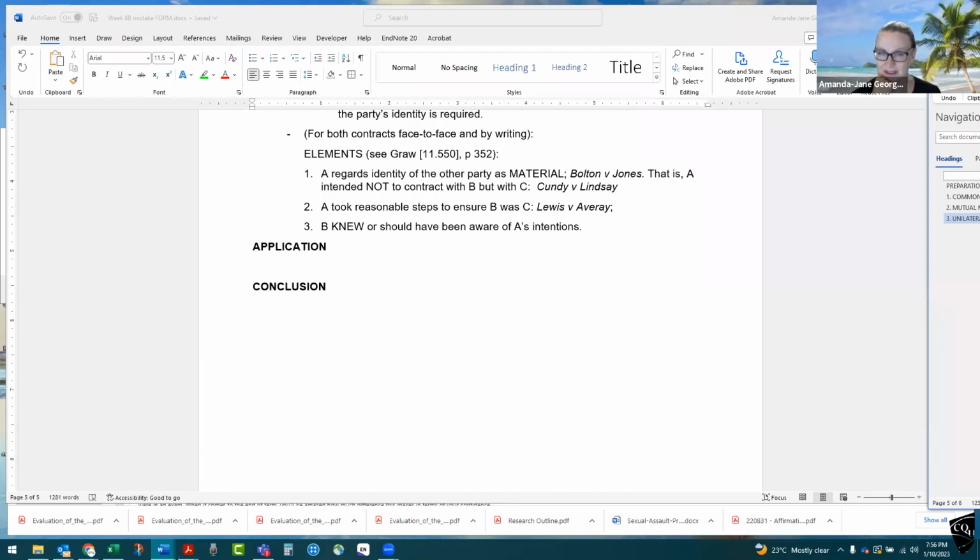particularly the formula for the application section, because the application section is where you'll pick up 90% of your marks.